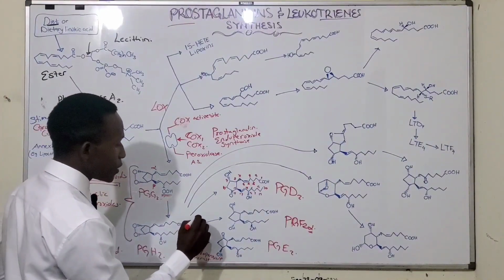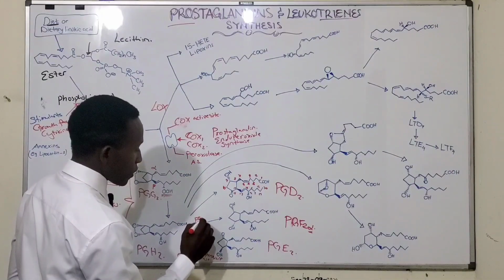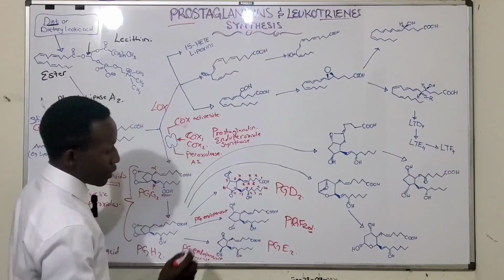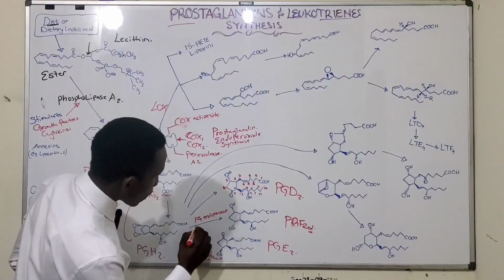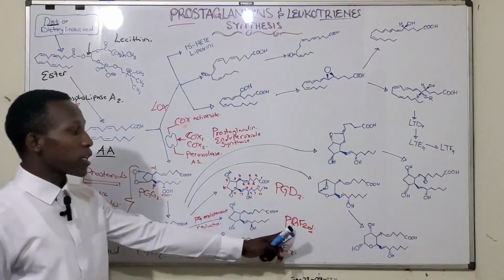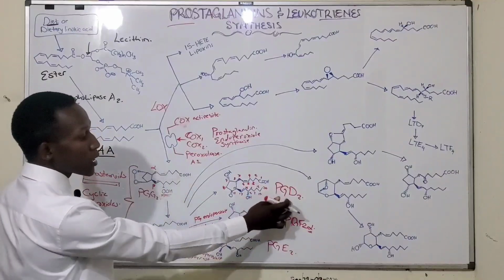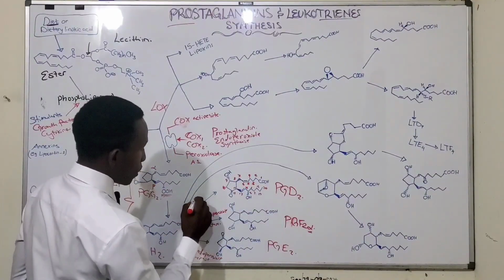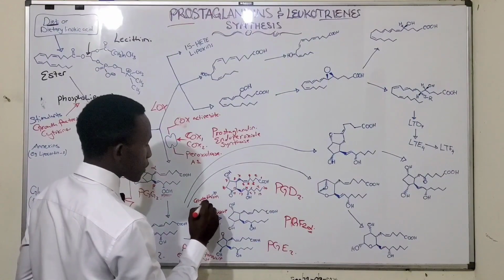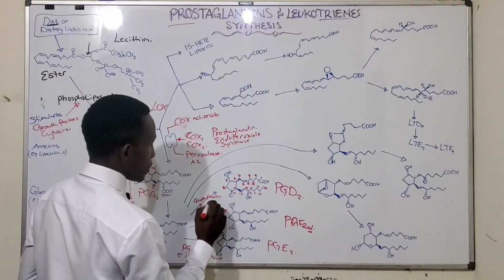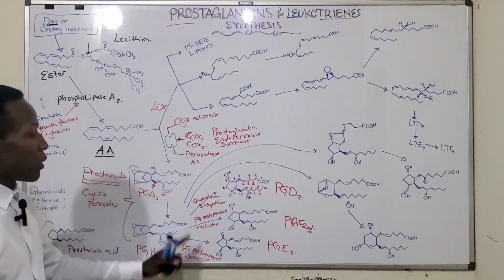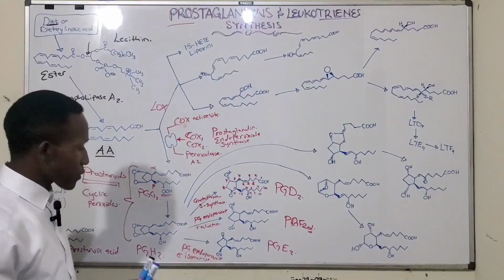Here we shall have prostaglandin endoperoxide reductase for the synthesis of prostaglandin F2 alpha. Then for prostaglandin D, we have glutathione S-transferase synthase. So those are the enzymes.